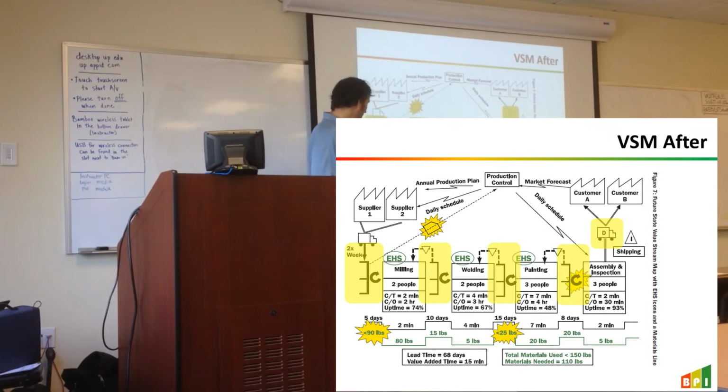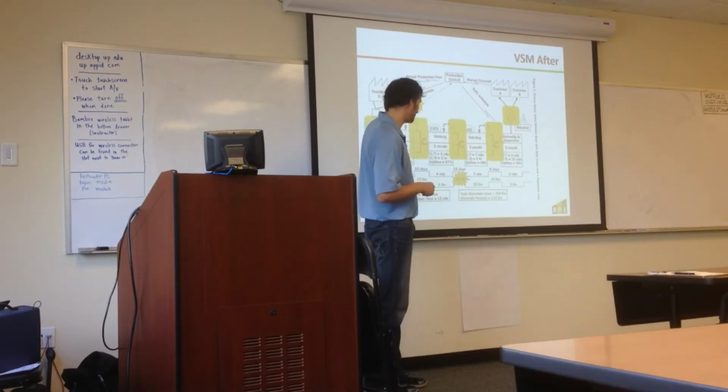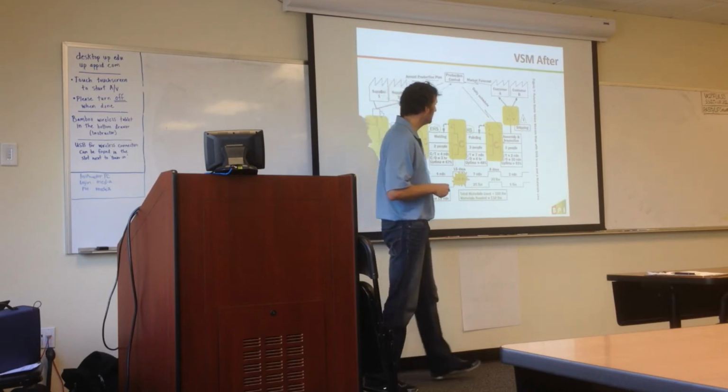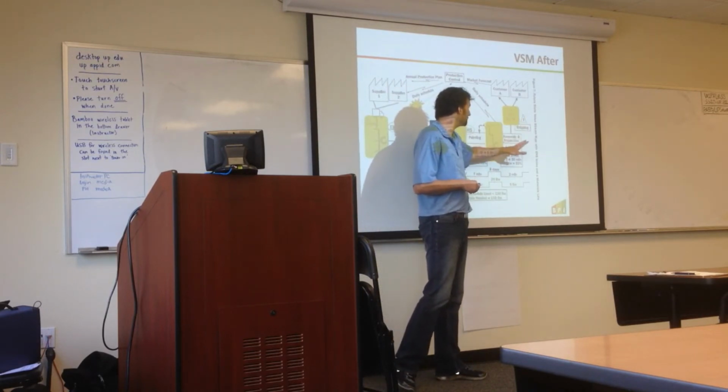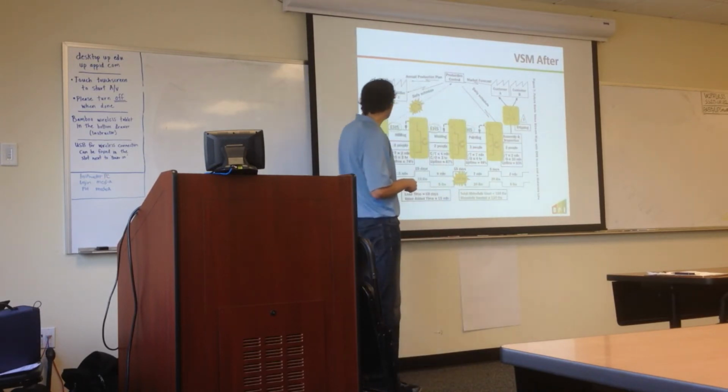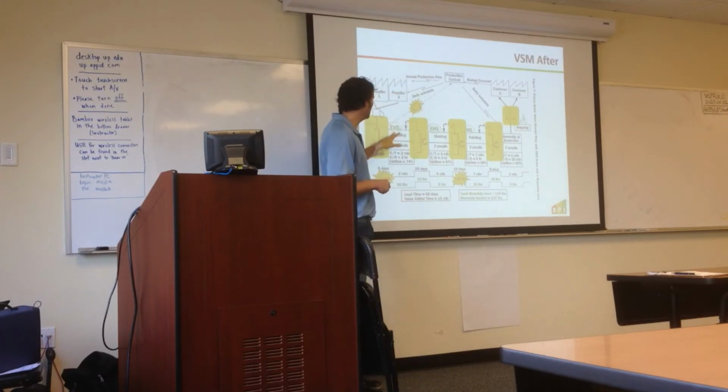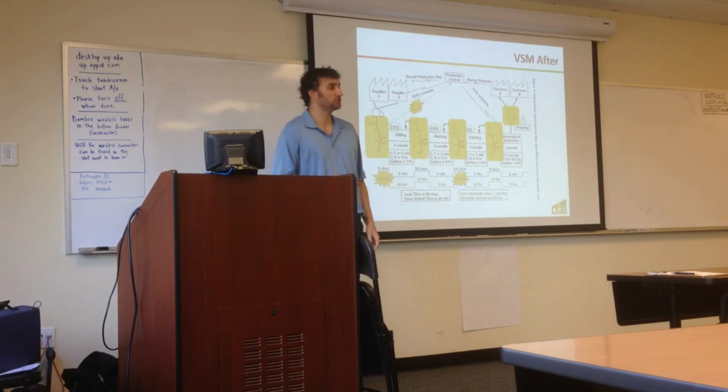And here we got a lot of wasted poundage, so let's try to address why we're losing so much of that raw material in that process. And here we have some delivery issues going on there. And here we've got physically, we're sending information out and we want to automate that or make that electronic to speed that up. And so you highlight what the improvements will look like in the future state.